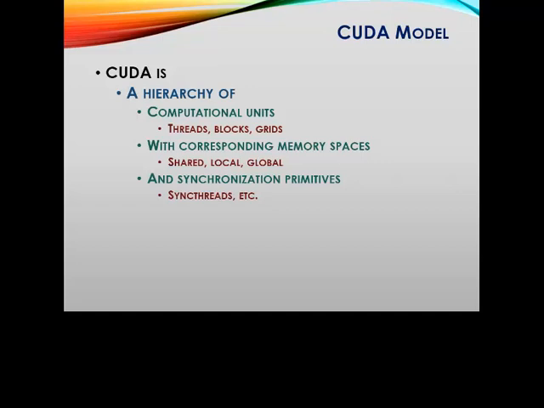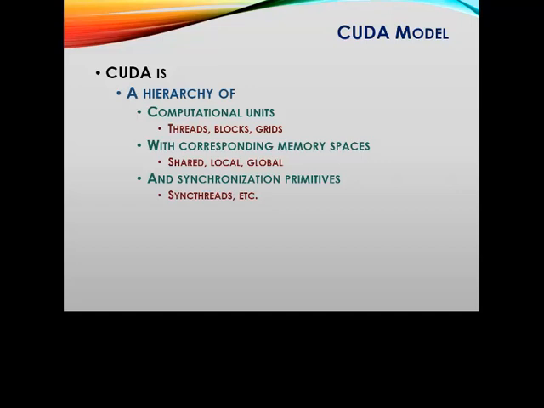Shared memory units are associated with each streaming multiprocessor, and all threads within a block will have access to that same shared memory. Local memory is associated with each thread, and each thread can work with that local memory, and these are essentially register memory units. And the global memory is shared between all the kernels and all the blocks and all the threads.